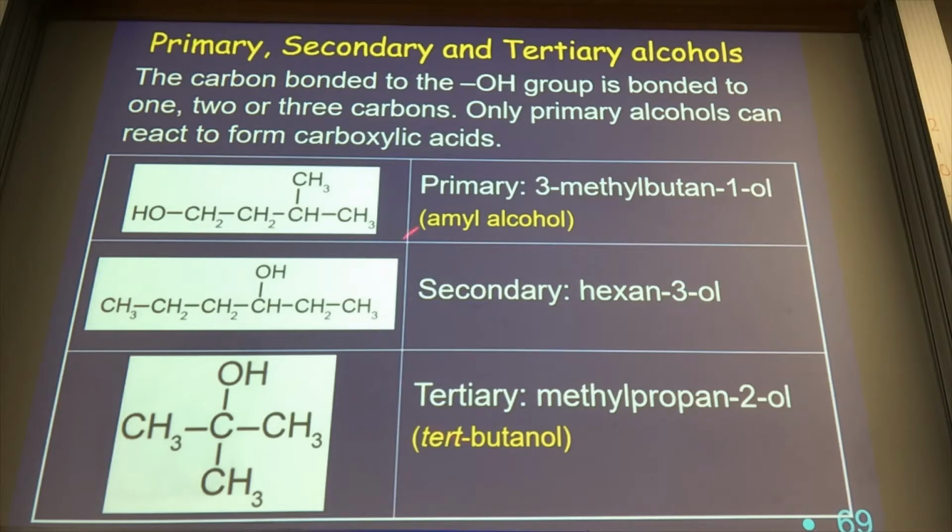A lot of these fairly common organic molecules have got names which are used more commonly than their formal IUPAC names. You get to recognise some of them after a while. Amyl, of course.